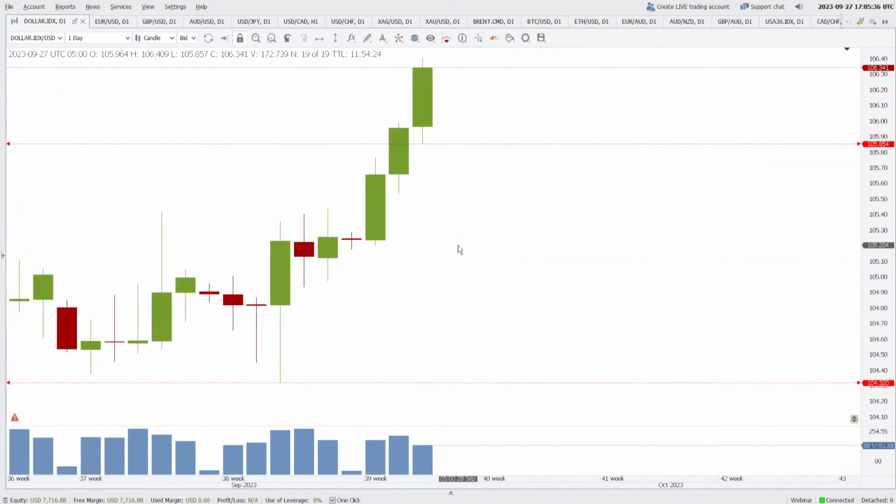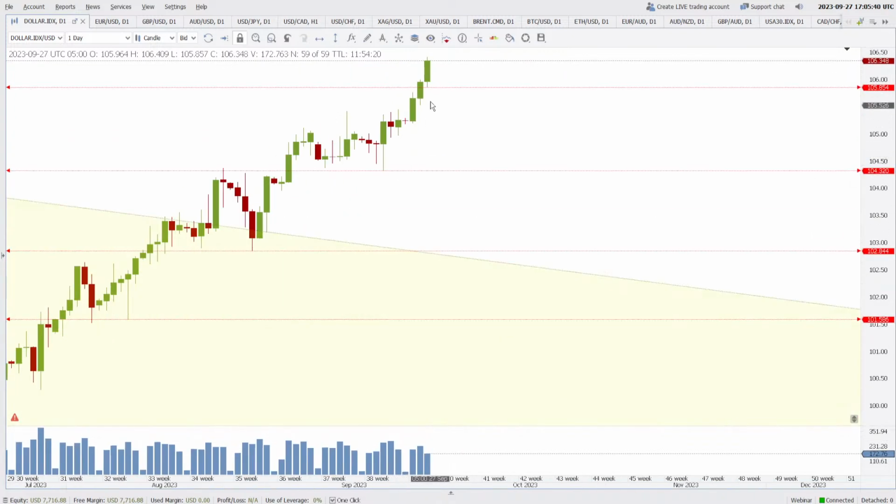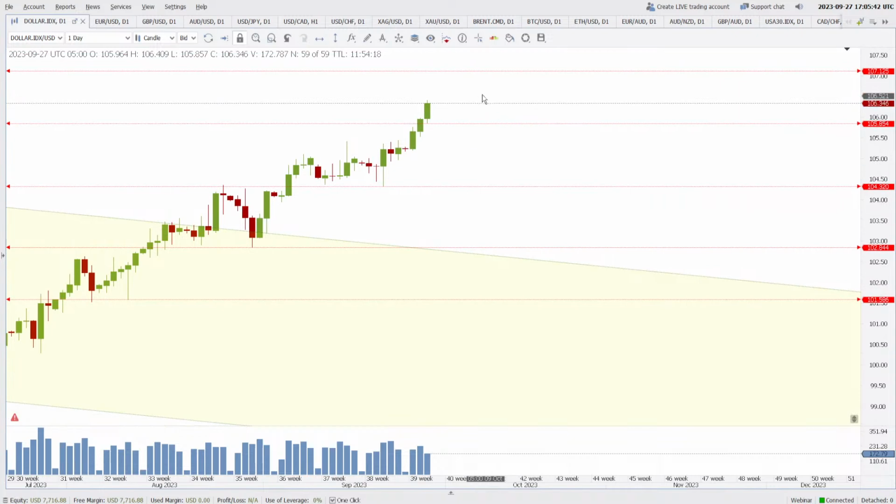And today we saw that the price, after closing higher, took a support here and started moving further higher. 107.12 is the resistance now, and the possible support is 105.85 in case the price starts coming down from here.